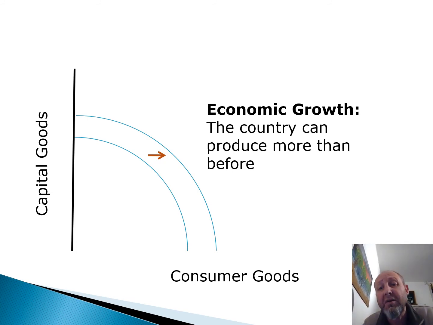People move to that country. They could discover new resources. They could discover gold. They could discover diamonds. They could use new technology. If they invest in technology and infrastructure, this can change the productive capabilities. So the PPC would shift outwards.